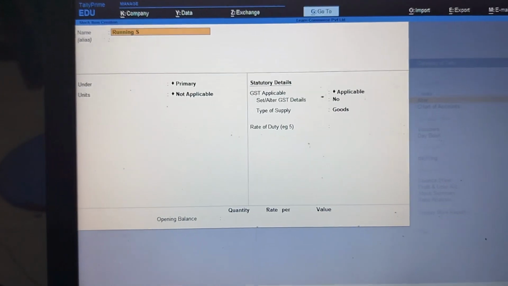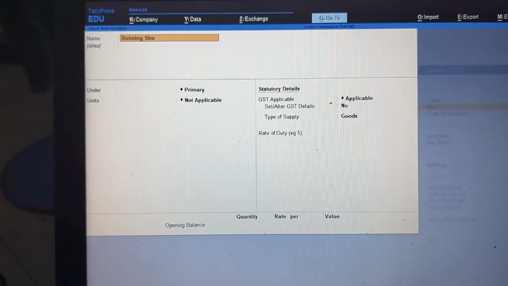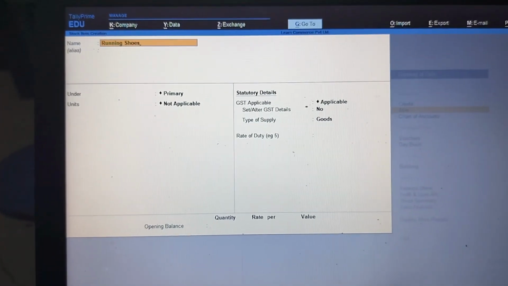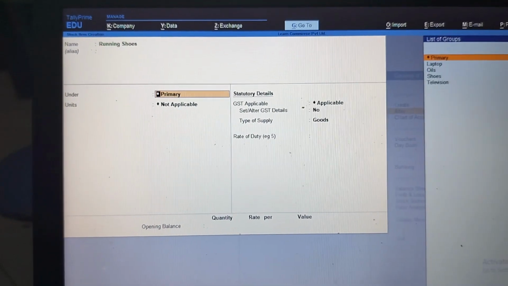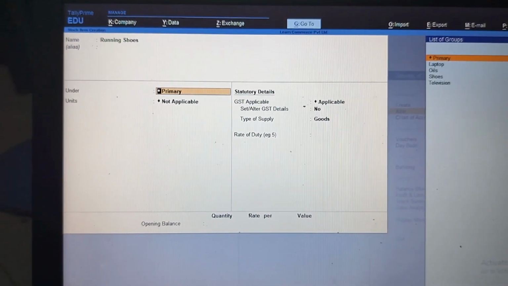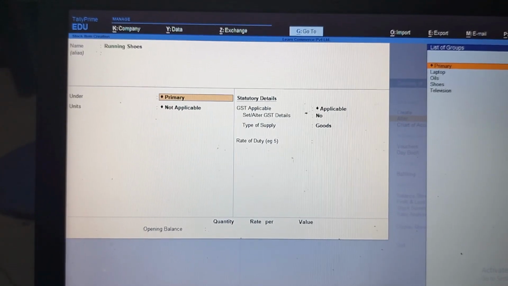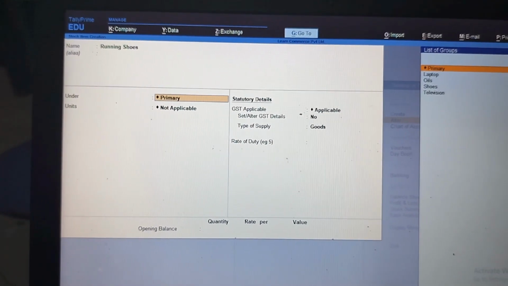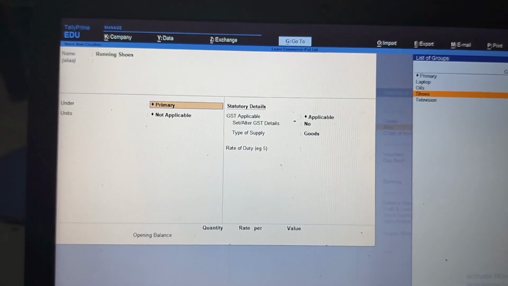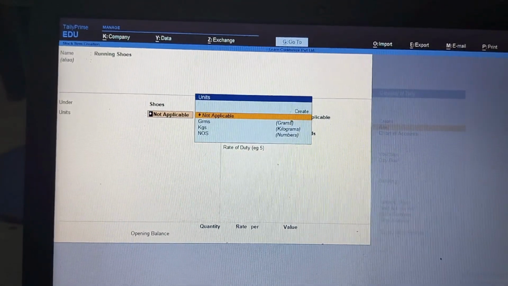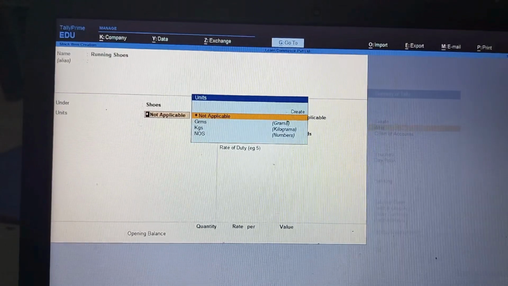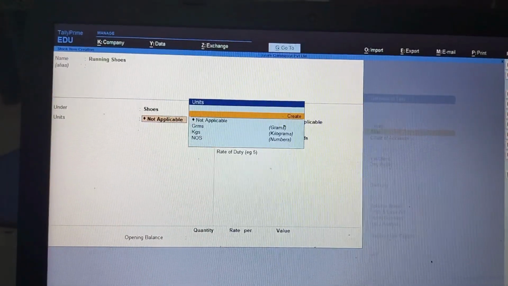And friends, please pay attention because these are very helpful while creating manufacturing journal. Then I'll select the stock group as shoes, and then I'll create one.